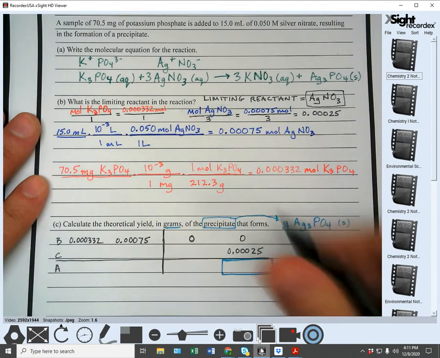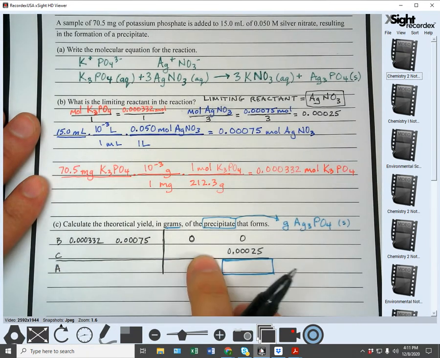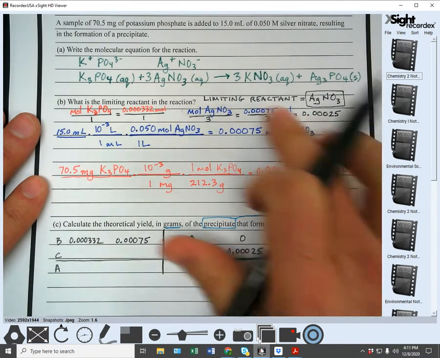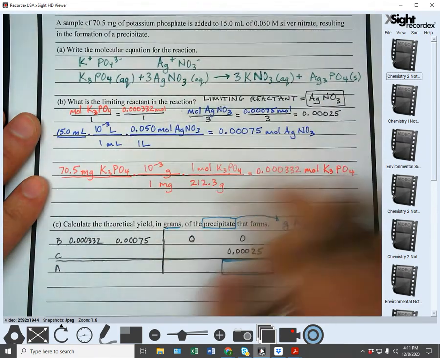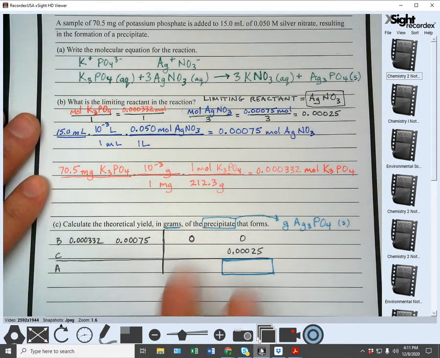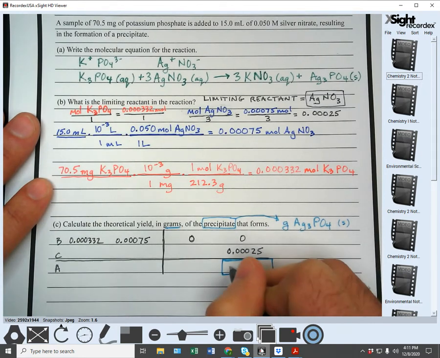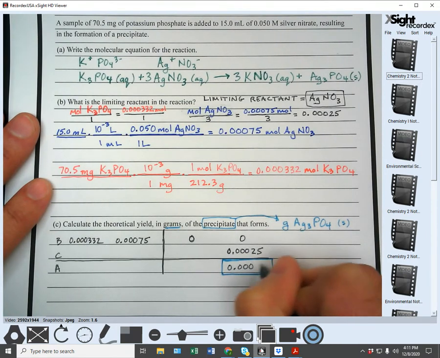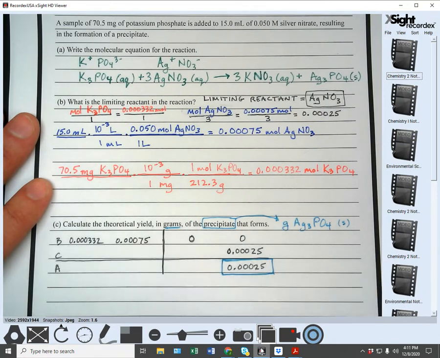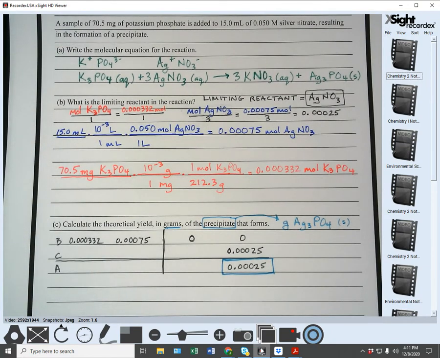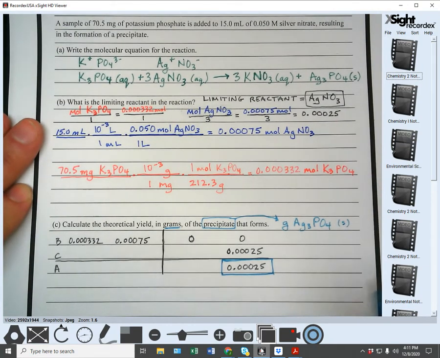Okay, all we really need is this column. You could fill in these if you wanted. Do the 0.00025 times the 3, times the 3, times 1 there. We don't need them. So remember, for products, you just add down. So we end up with 0.00025. Okay. Now remember, this is in moles, right?